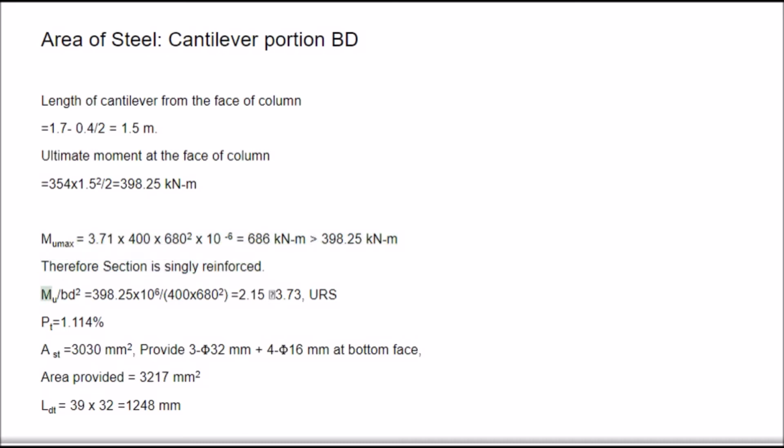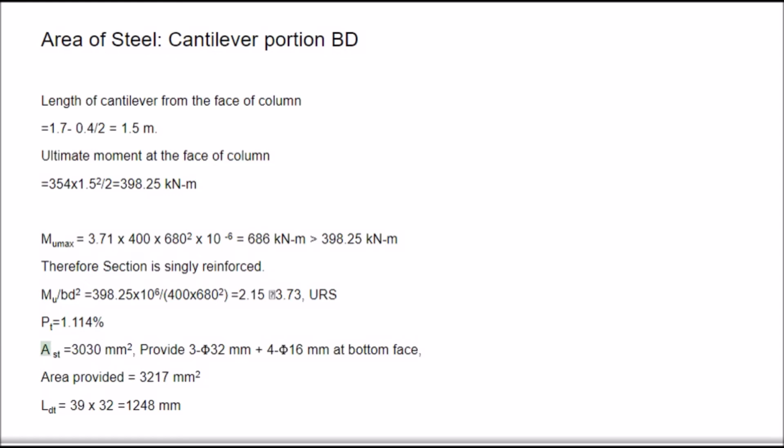Mu/bd² equals 398.25 x 10⁶/(400 x 680²) equals 2.15. From table, pt equals 1.114%.